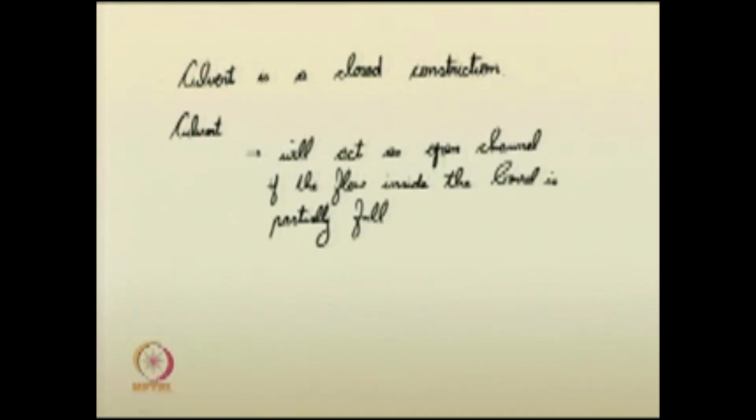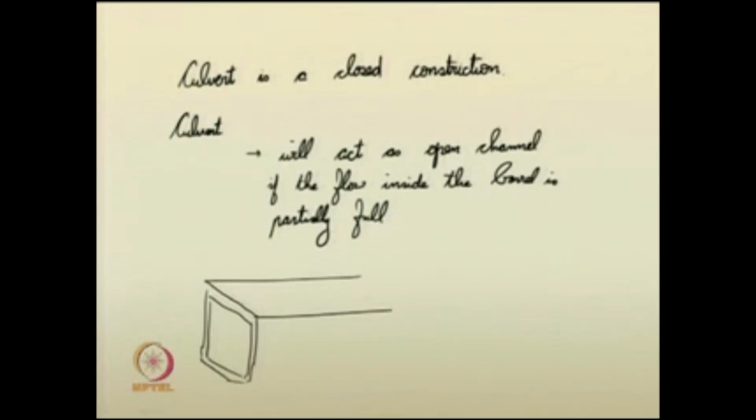So, I hope now you can understand. Say, as we mentioned in the box culvert earlier, the culvert is a box shape. So, it is being provided like this.